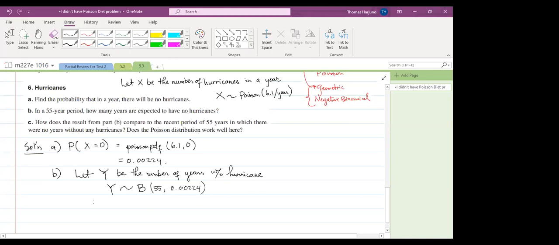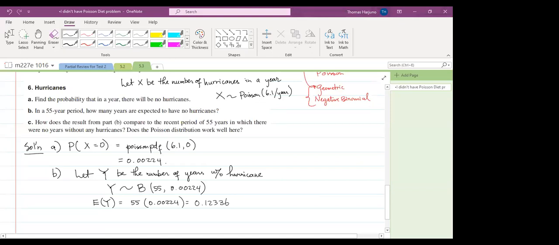Now then, what is the expected value? 55 times 0.00224. Whatever the probability I had earlier, multiply by 55. I get 0.12336. This is not a probability.